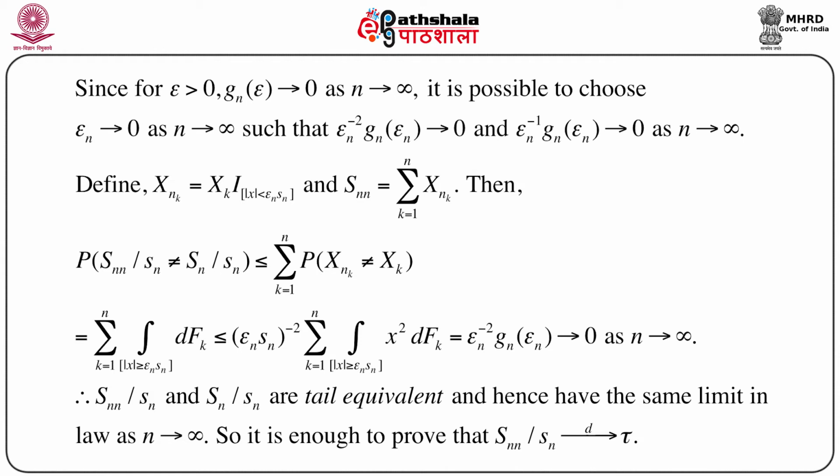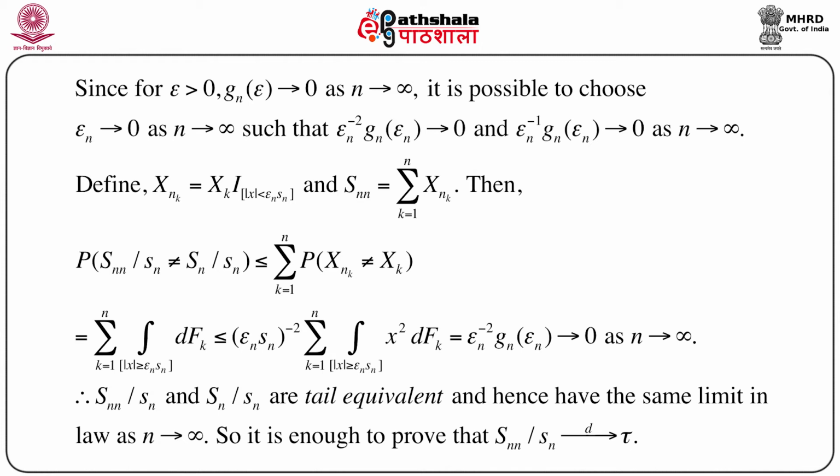Now again this quantity is less than or equal to epsilon n to the power minus 2 Sn to the power minus 2 summation k equals 1 to n of the integral over mod x greater than or equal to epsilon n Sn of x square dFk, just by simple algebra, which equals epsilon n to the power minus 2 into Gn epsilon n, by the definition of Gn epsilon n, and naturally this goes to 0 as n goes to infinity.